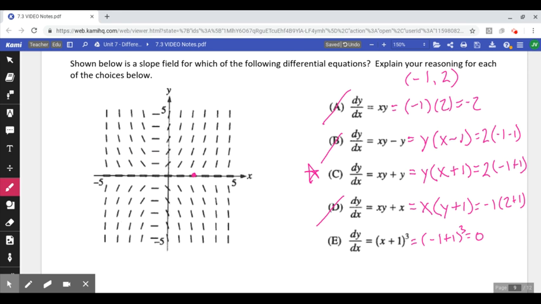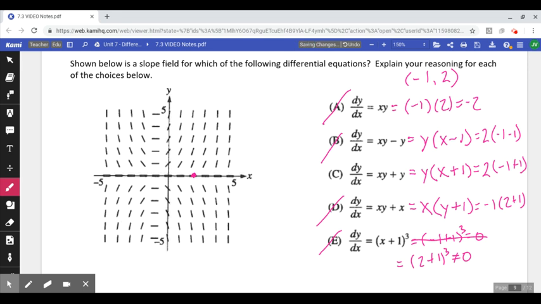We're looking at this point, and we're wondering, is that slope 0? So we're going to test another point, when x is 2 here. We've got 2 plus 1 to the third power, which is definitely not 0. So this one can't be the answer.